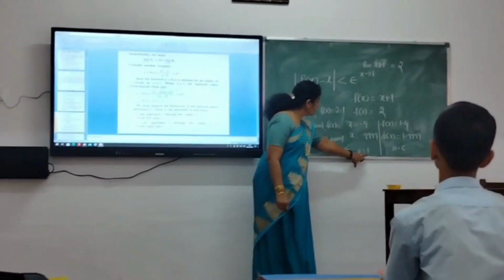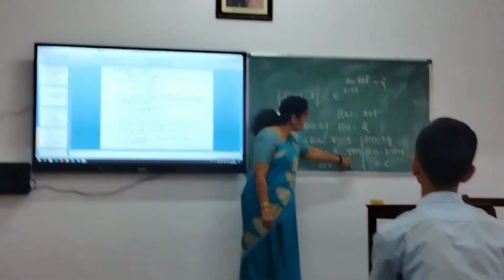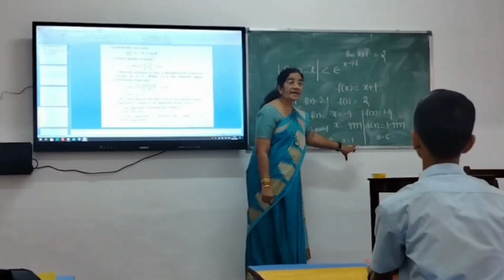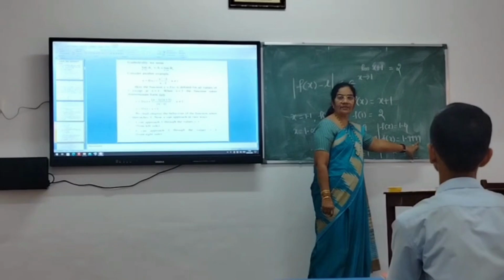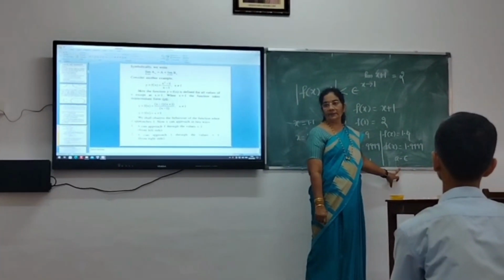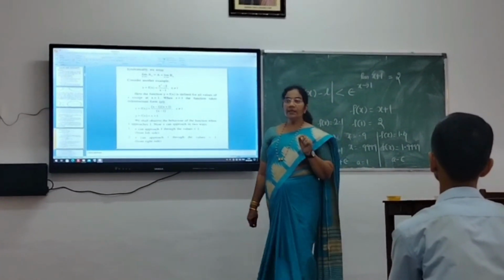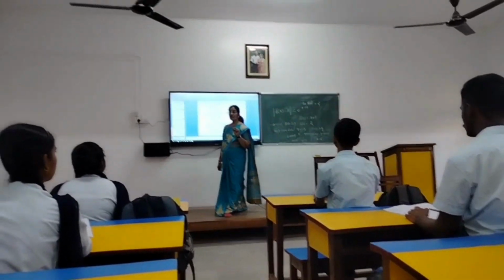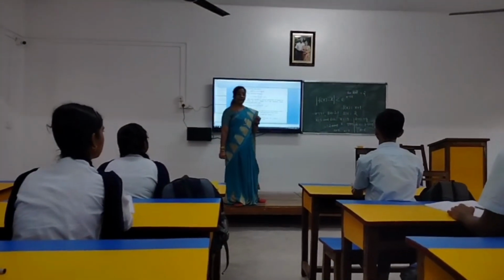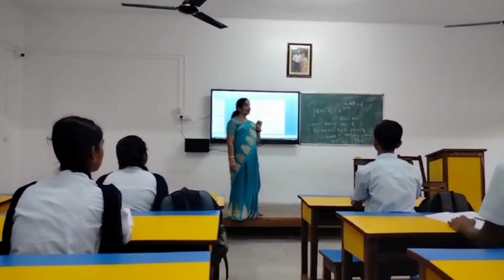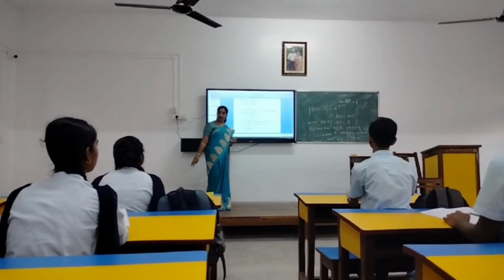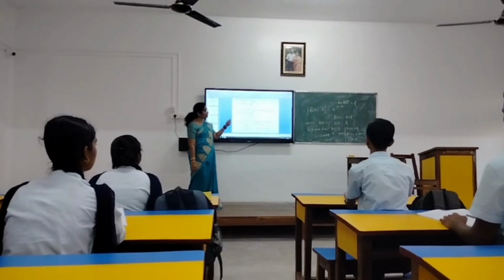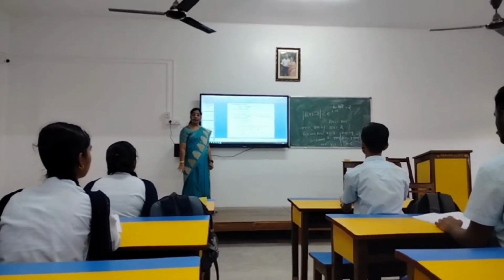In this case 0.999 is nearer to 1, and in this case 1.001 is also nearer to 1. Correct? So therefore, a function f of x is said to tend to a limit L if for any epsilon greater than 0, there exists a number delta greater than 0 such that mod of f of x minus L is less than epsilon.